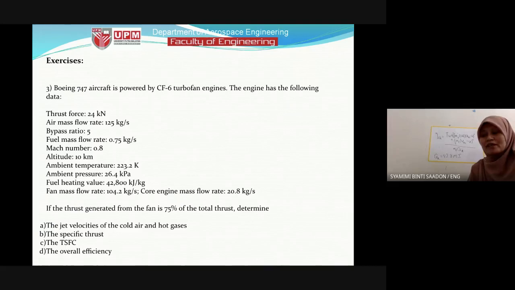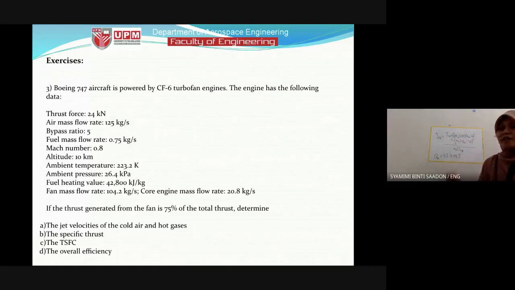Like the specific heat, right? How much energy in joules we can produce for each kilogram of fuel. So this is the fuel heating value, a given parameter. m dot f is the fuel mass flow rate.